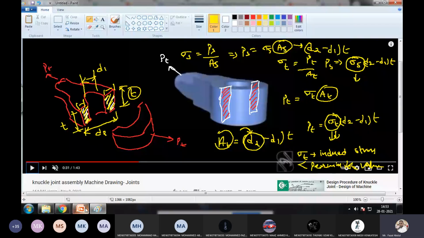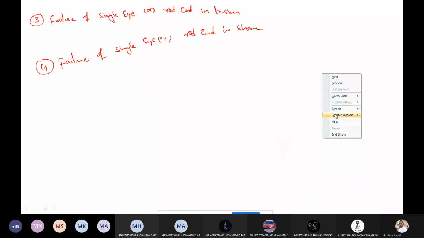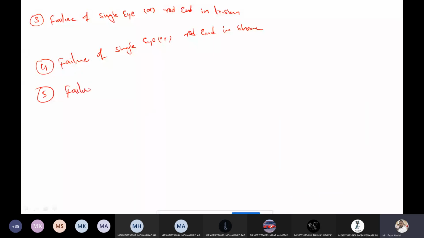Now the fifth one is failure of the rod end in crushing. So how does it appear if it fails in crushing?